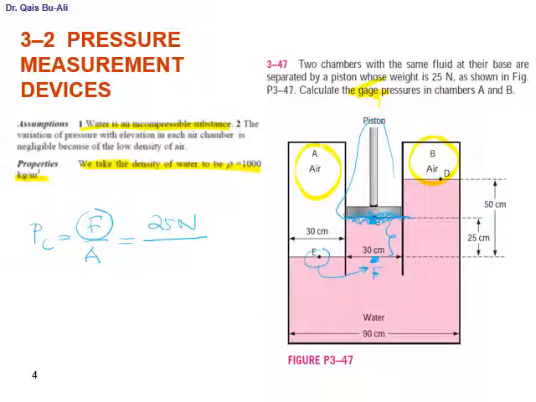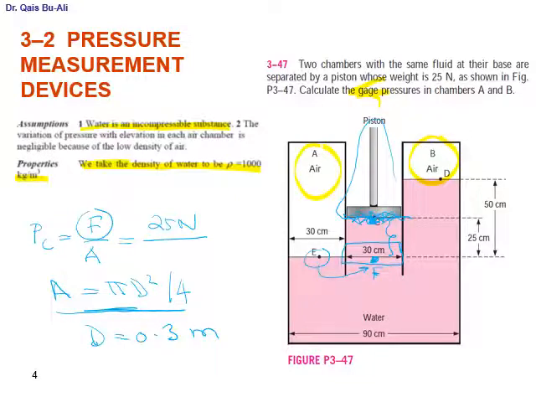This piston is circular in shape, with a diameter of 30 centimeters. The area of a circle is pi d squared over 4. You know that d is equal to 0.3 meter, so you square it, multiply by pi, divide by 4, substitute, and you will get PC.